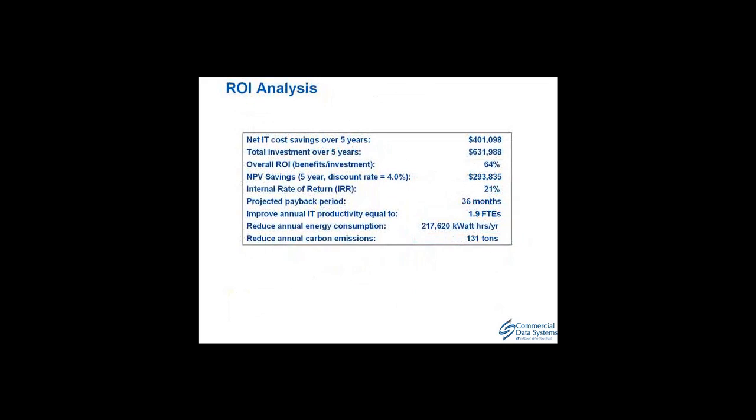If I look at the ROI analysis then, if I take that $401,000 and I divide that by my actual out-of-pocket expenses for hardware and software and services of $631,000, the ROI I get on this is about 64%, or about a 36-month payback. That also translates into about 2 full-time people.